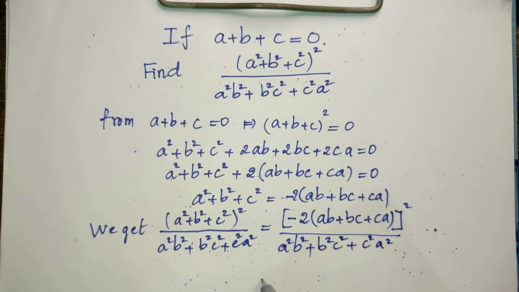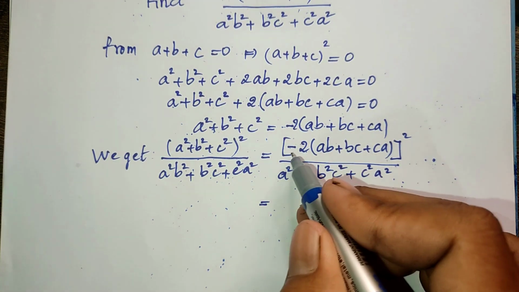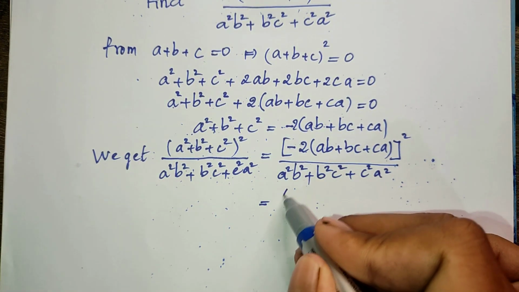The minus squared gives plus, and 2 squared gives 4.